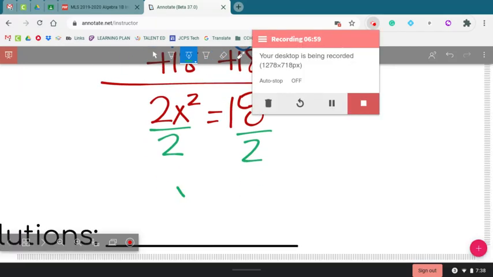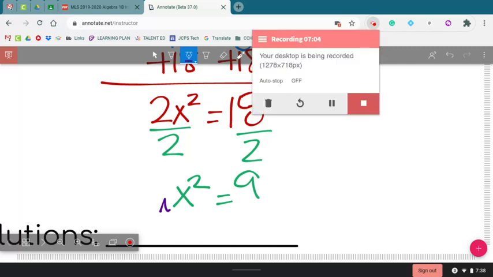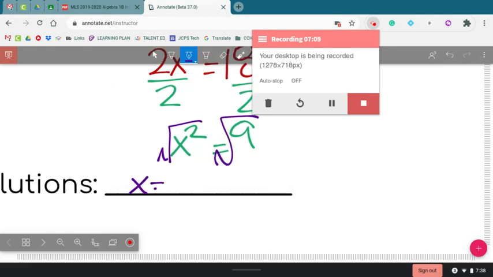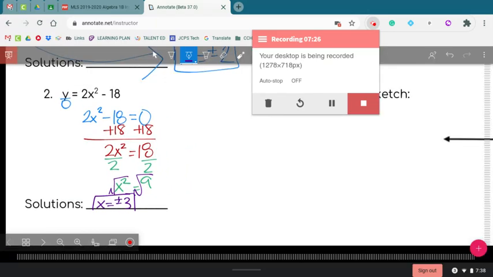You get x squared equals 9. And then you have to take the square root of both sides. So your solution is x equals positive or negative 3. So our solutions are at positive and negative 3.